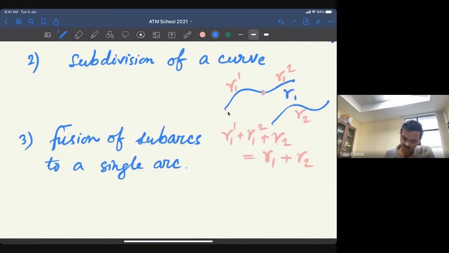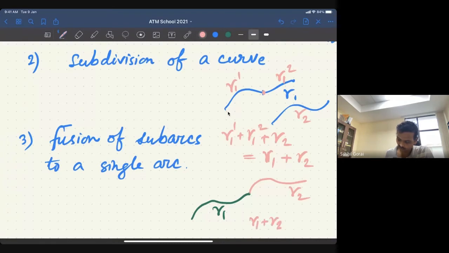Like this one: you have this gamma 1 and you have this gamma 2, and you are looking at gamma 1 plus gamma 2, which you can actually think of as a single curve, which is gamma 3.